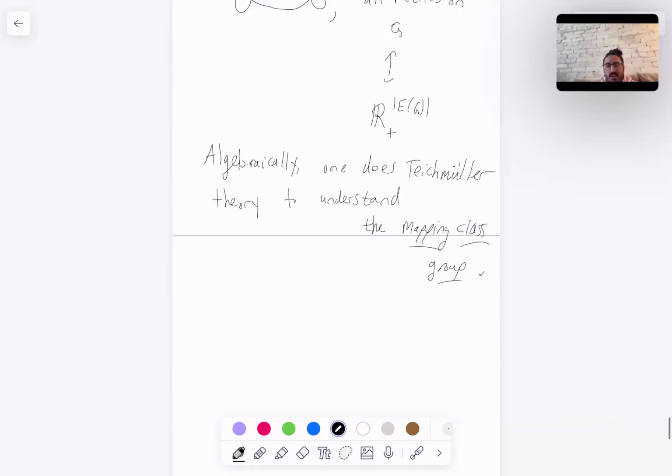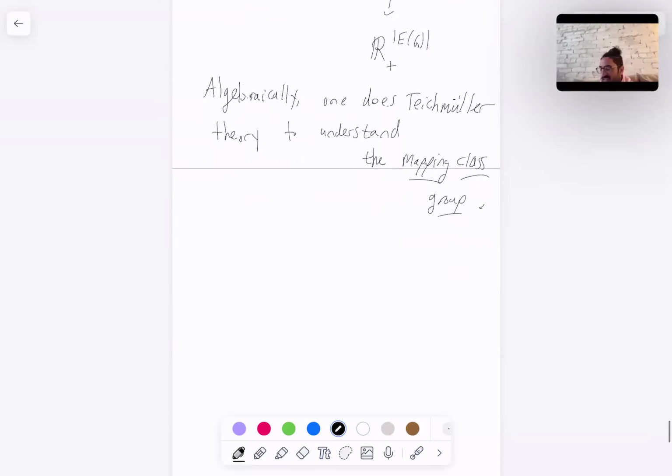Now, there is a much larger, much less well understood group that people are now very interested in understanding, trying to buttress the tools that they've developed in the setting of mapping class groups to this more wild setting. And this is the group which is called the outer automorphism group of the free group. Okay, so Out(Fn) is a much larger group, and there's a relationship between the mapping class group and the outer automorphism group of the free group. One, if you think about it in the right way, sits inside of the other.